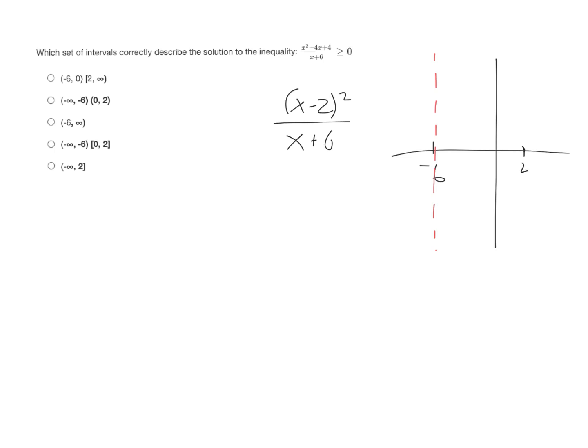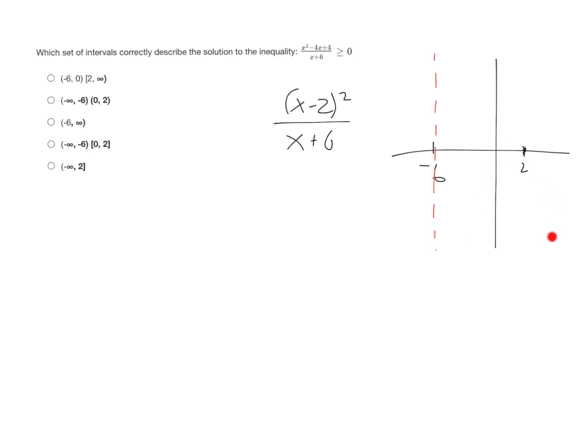Now that's another place that my graph could cross the x-axis. But in this case, I know that it won't actually cross the x-axis, because my factor here has a multiplicity of 2, which is even, so we're just going to touch the x-axis and then turn around. It could either look like this or be down here.